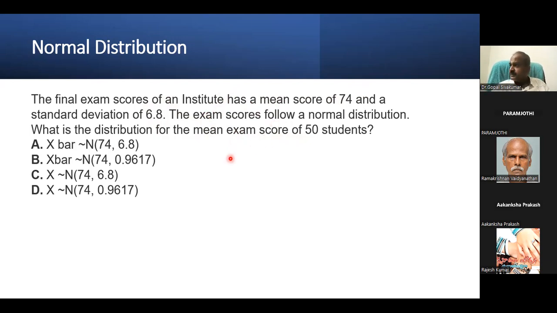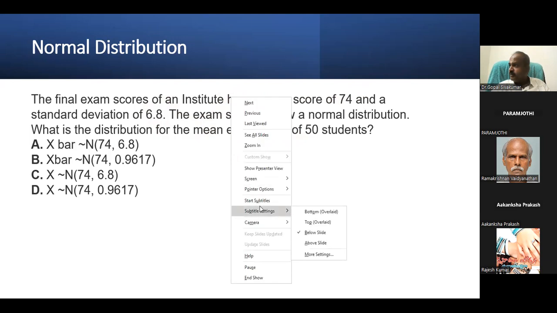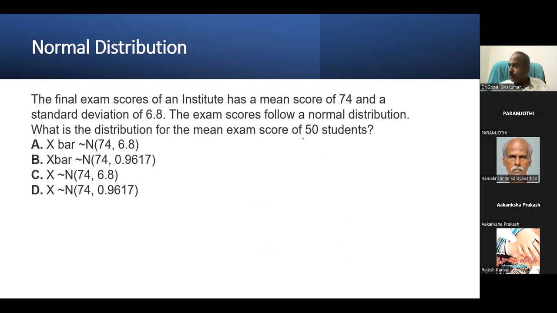So please all of you listen very carefully. We have taken a group of 50 students, right? So the average of the 50 students will be, let us say, X bar.